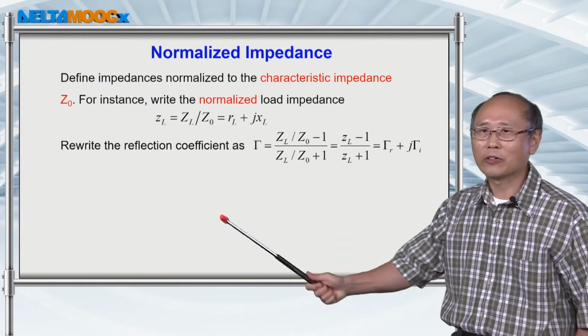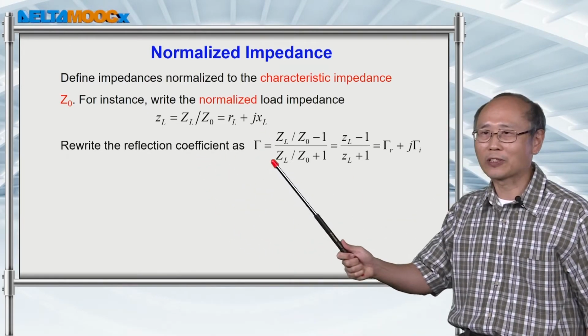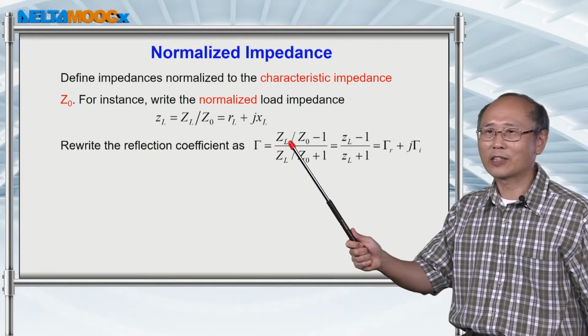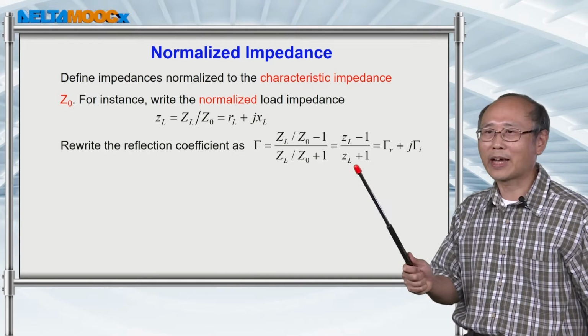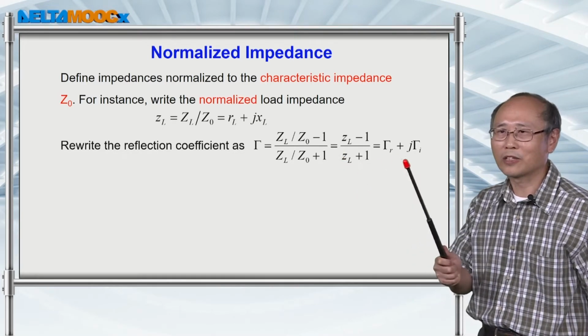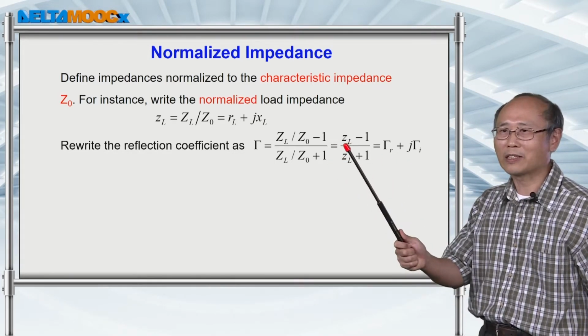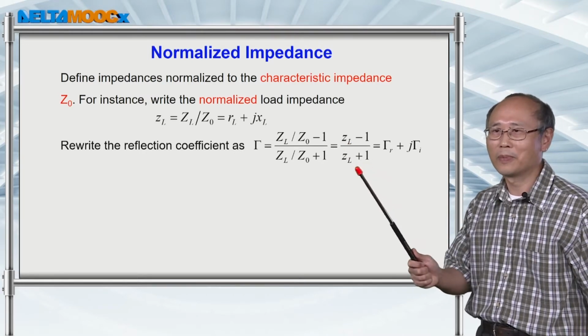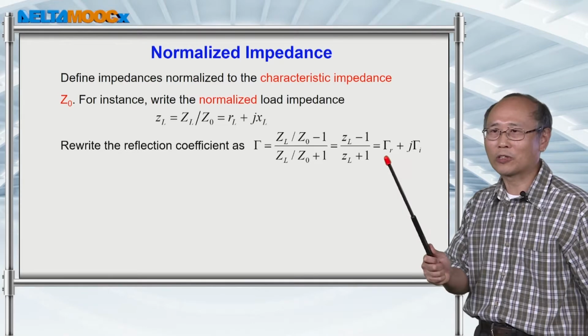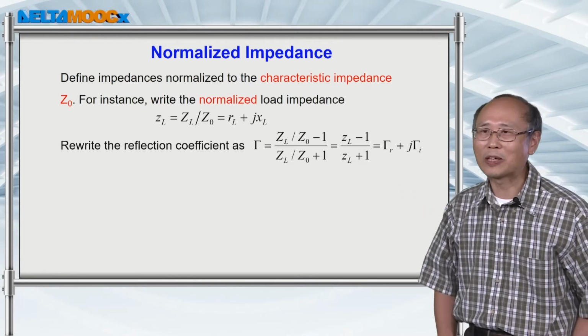Now you can rewrite the reflection coefficient like this. Just divide ZL by Z0, and then organize everything into this form. The lowercase zL is the normalized load impedance, and of course it has a real part and an imaginary part.